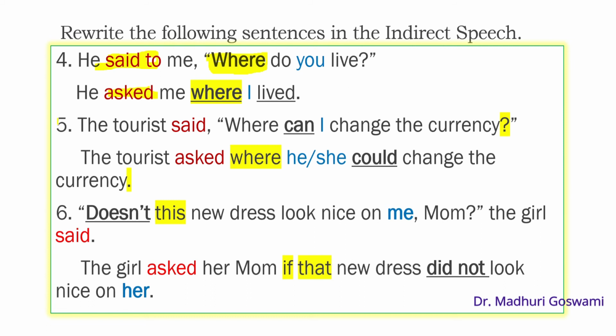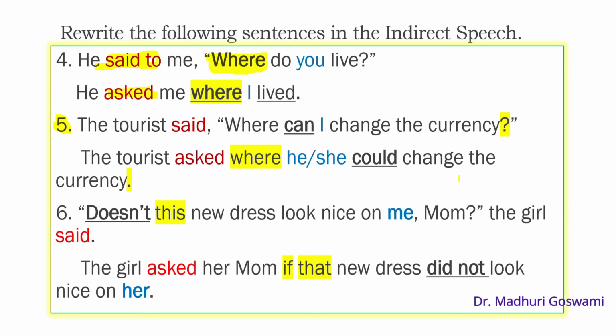Now we have one more example. The tourist said, where can I change the currency? You can notice the changes in the different color fonts and highlighted and bold and underlined. So the indirect speech of this sentence is, the tourist asked where he or she could change the currency. Why we have used here he or she?